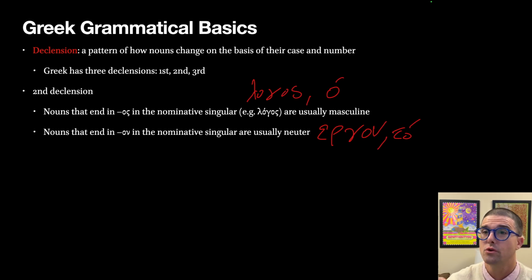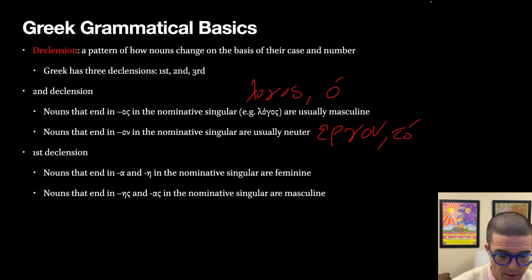So second declension normally in the masculine or the neuter, with some exceptions. And then the first declension are nouns that end in alpha or eta in the nominative singular and are usually feminine. So we'll see some examples of these in just a moment here.